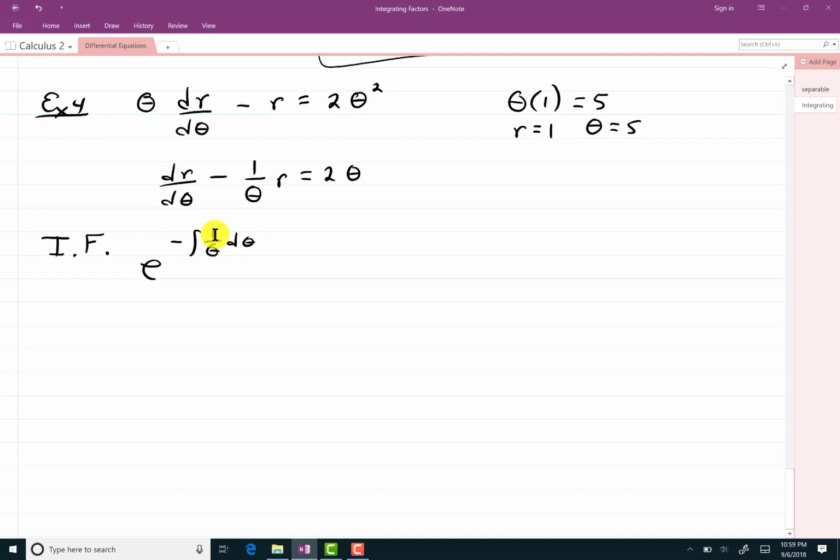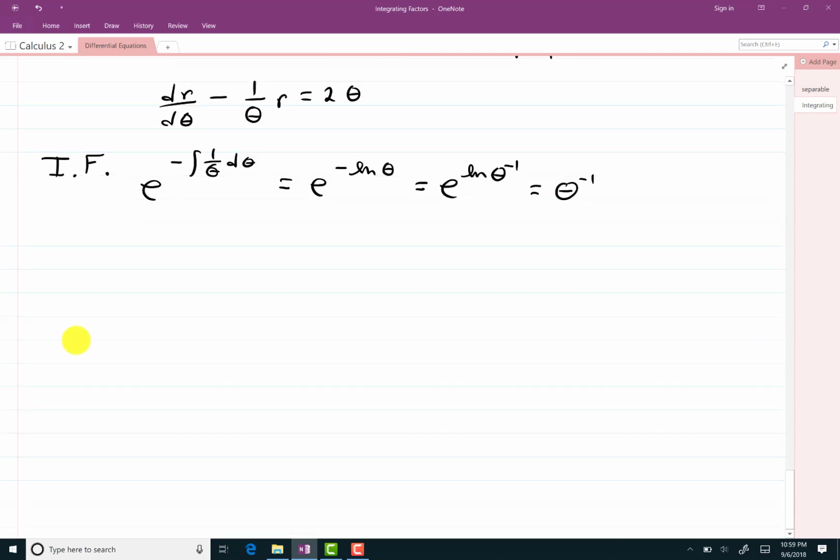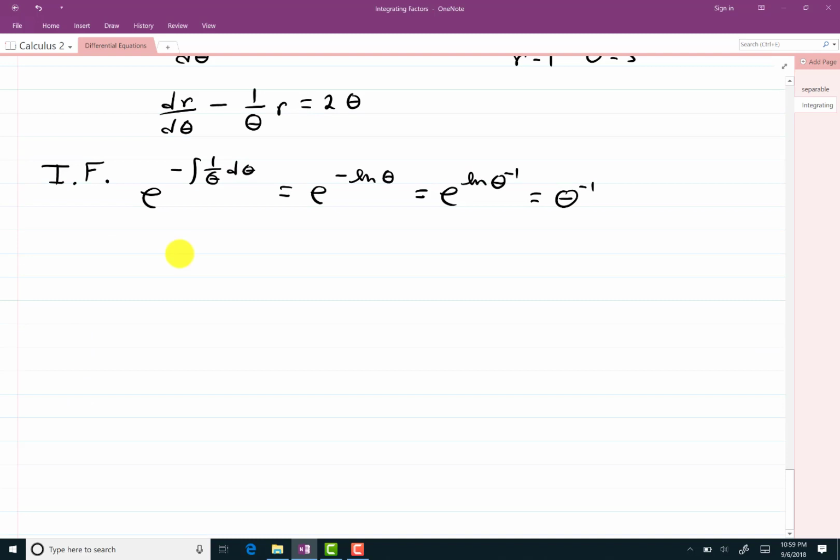And this, of course, is the natural log of theta, so this will be e to the negative ln theta. If I raise theta to the negative 1, I'll get e to the ln of theta to the negative 1, and of course that is just theta to the negative 1, or 1 over theta. So I'll multiply everything by 1 over theta.